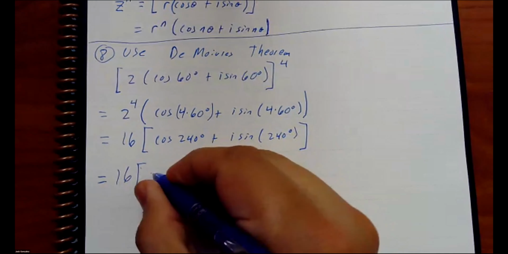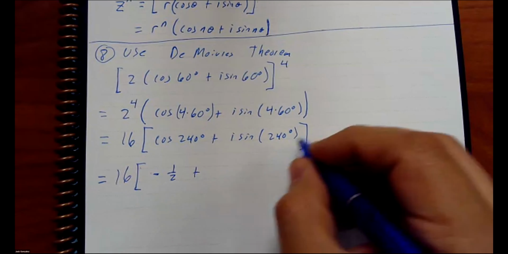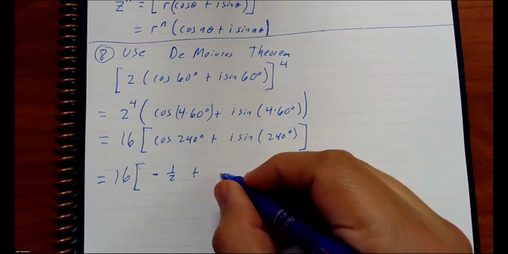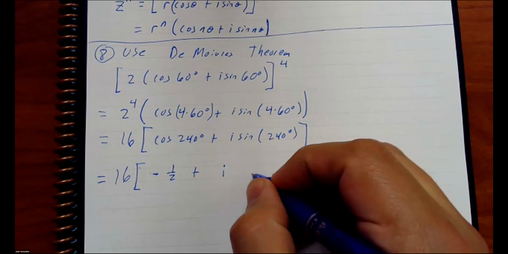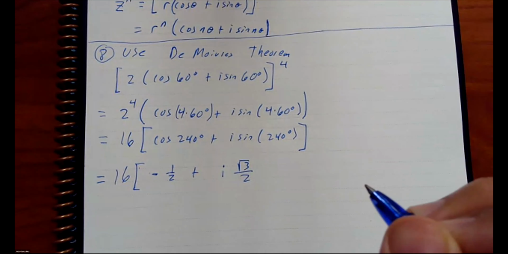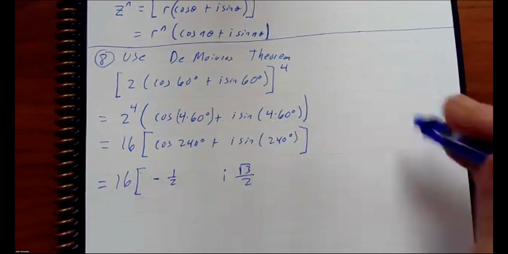This is negative half. Yeah, this would be a negative half, plus sine of 240. Is it positive or negative though? It's negative. Yeah, this is quadrant 3.